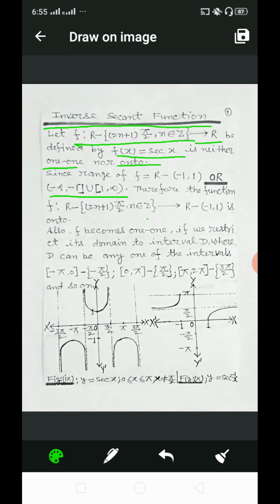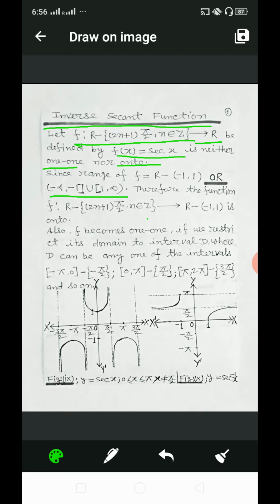If we take n equal to -1 this is -π/2. If we take n equal to -2 then this is -3π/2. At these values the secant function is not defined, so we subtract these values from the real numbers, that is from R. So the domain of the secant function is R minus (2n+1)π/2 where n belongs to integers.